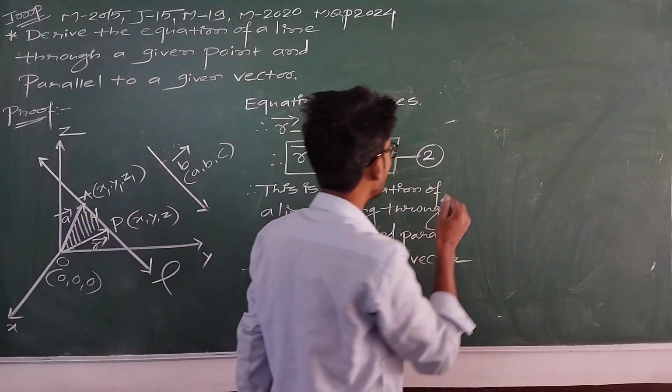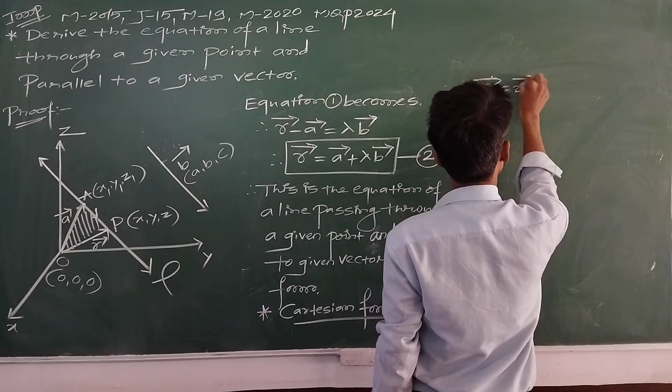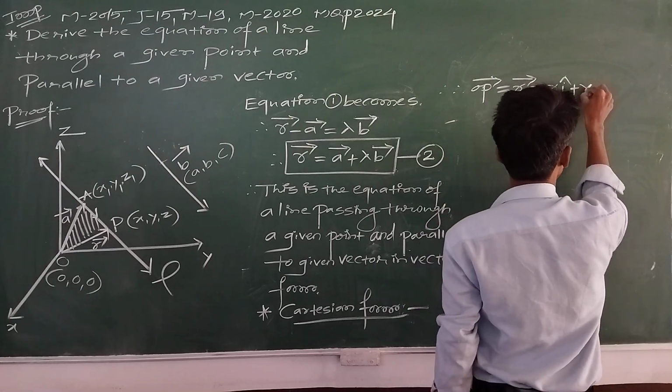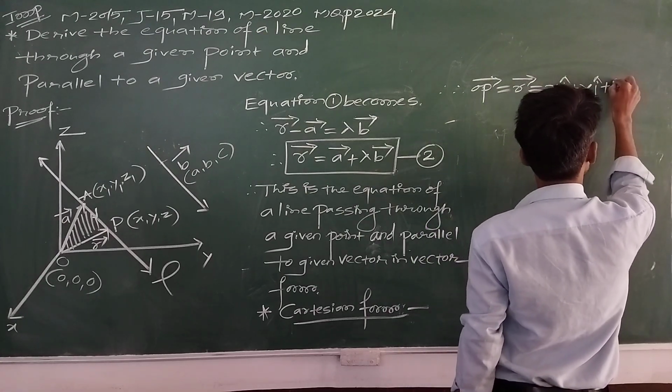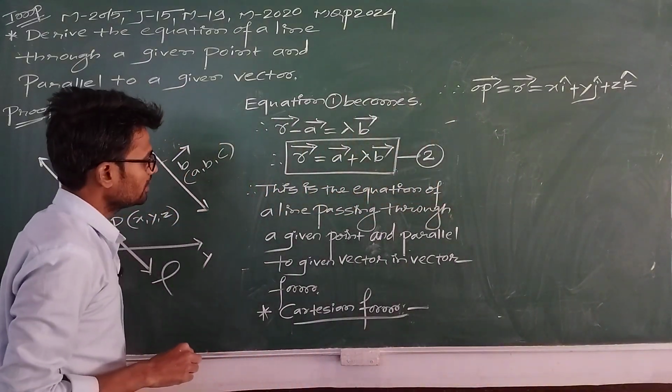So therefore, I will write OP vector is equal to R vector is equal to xi cap plus yj cap plus zk cap.